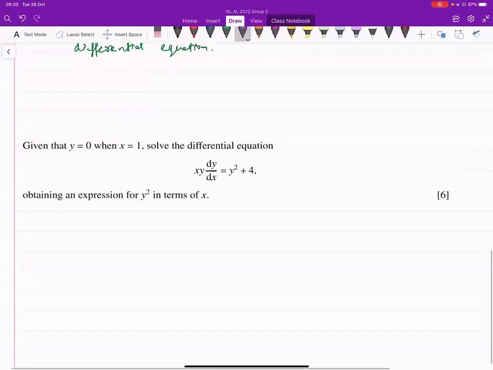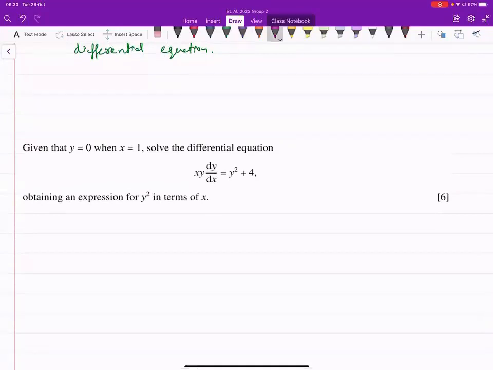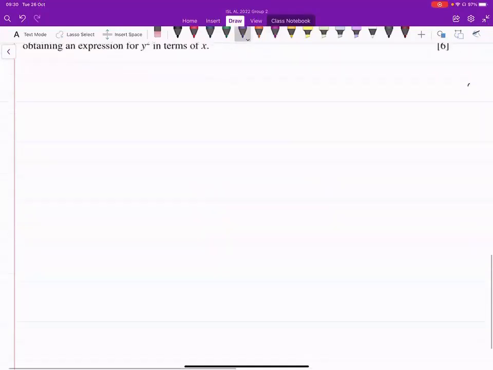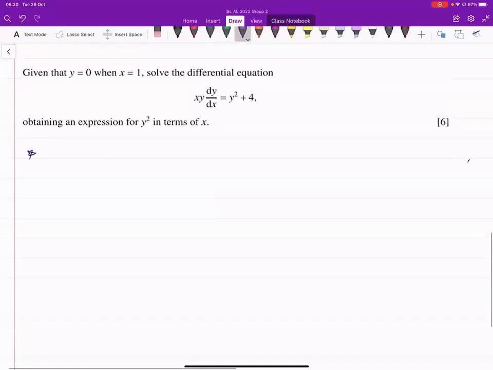So what do we do? The first step is going to be to separate the variables x and y.